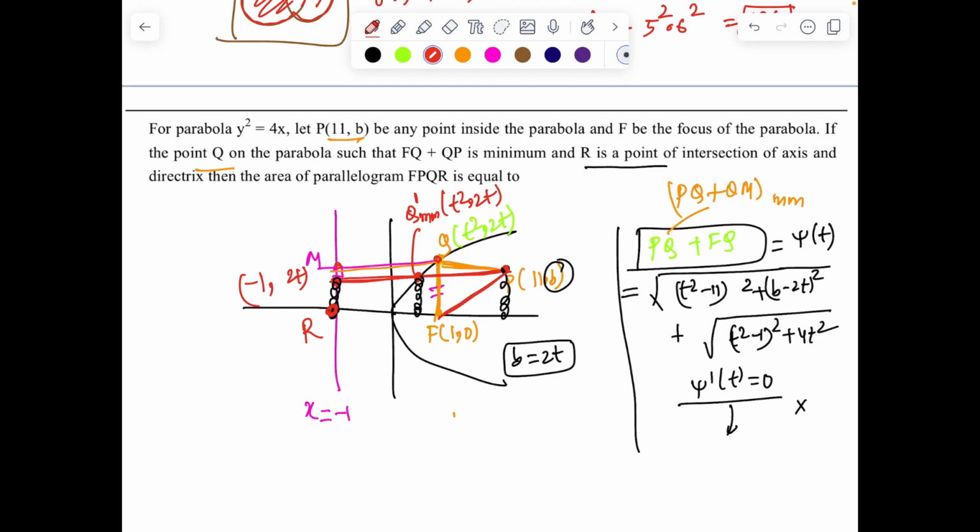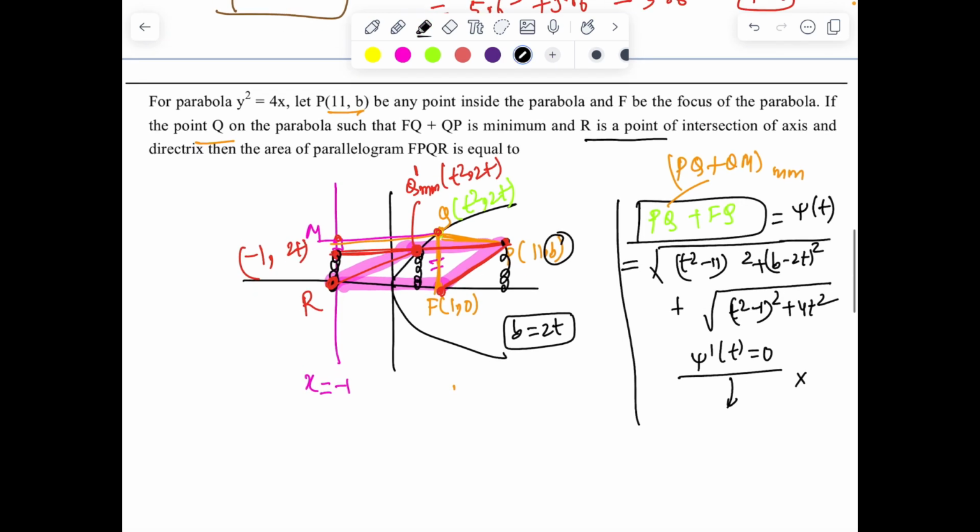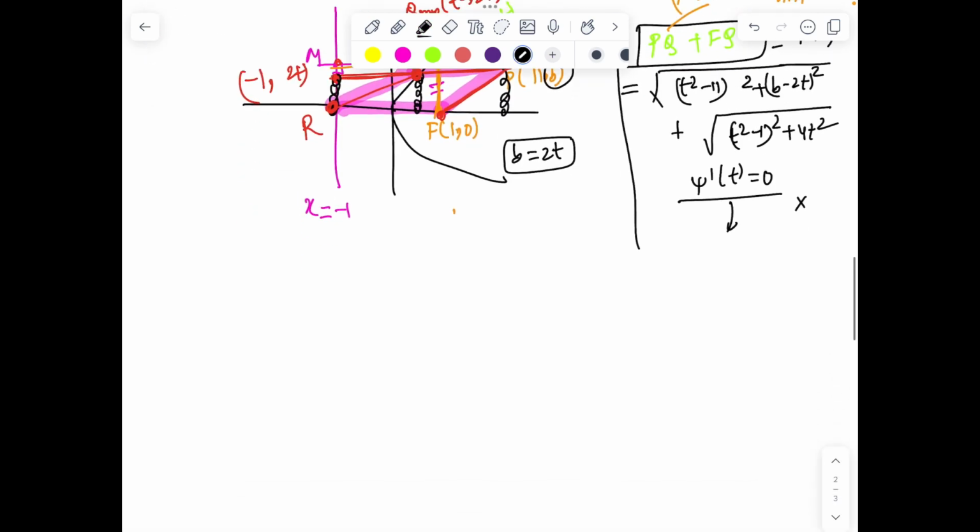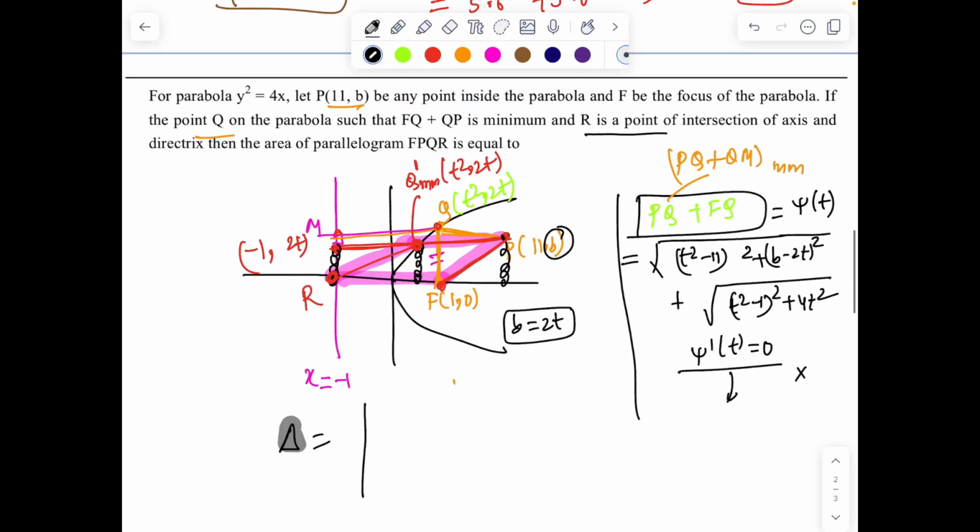So we have P, Q is the point, and R and F. So basically we have this parallelogram. Now its area is very easy because it's 2 times the area of the triangle formed by MQP, right? The area of a triangle is half into base into height, because the base is already known.